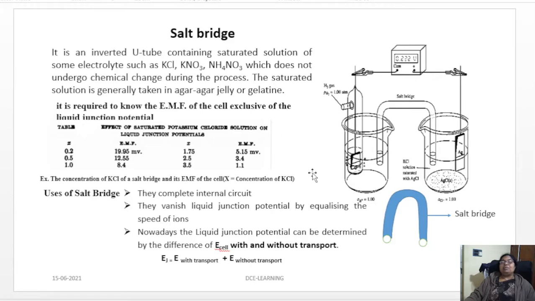Therefore, instead of potassium chloride, we use an ammonium nitrate or potassium nitrate salt bridge in such a condition.